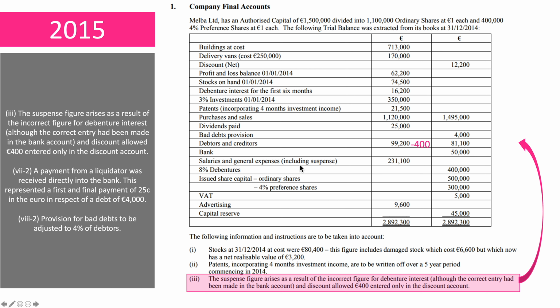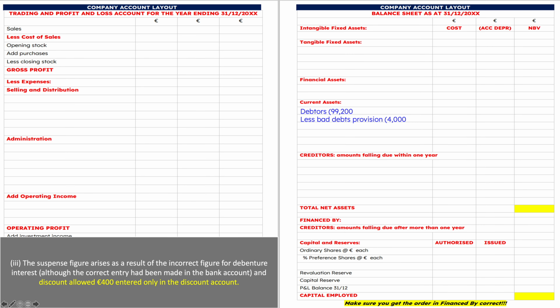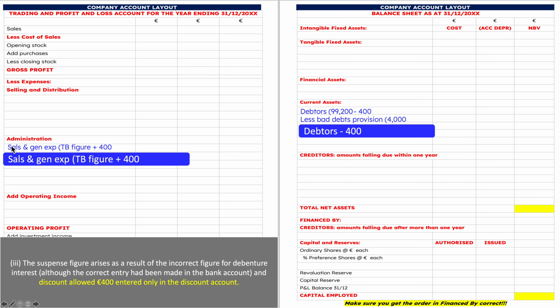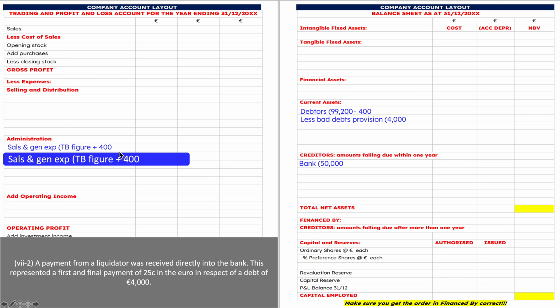So what we'd have to do to the item including our suspense, we would need to add the 400 euro there. So take a look at your suspense video and notes in case you're not too sure about what I did there. Okay, so just looking at the debtor part, we minus the 400 from the debtor, and then we would put in the salaries and general expenses plus 400 euro there.